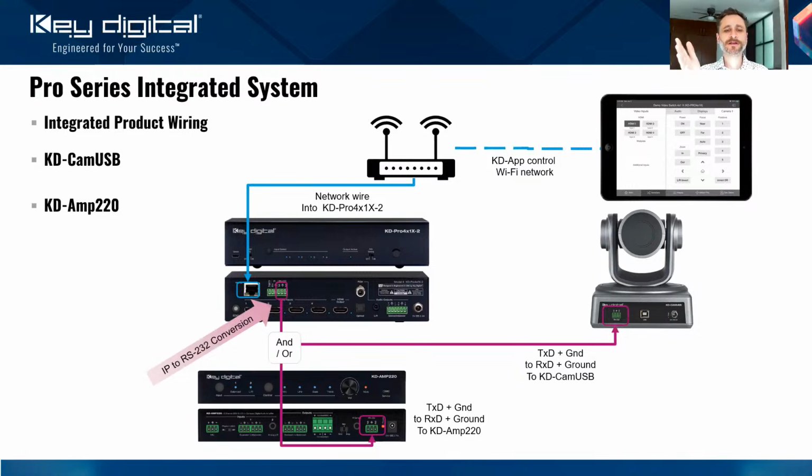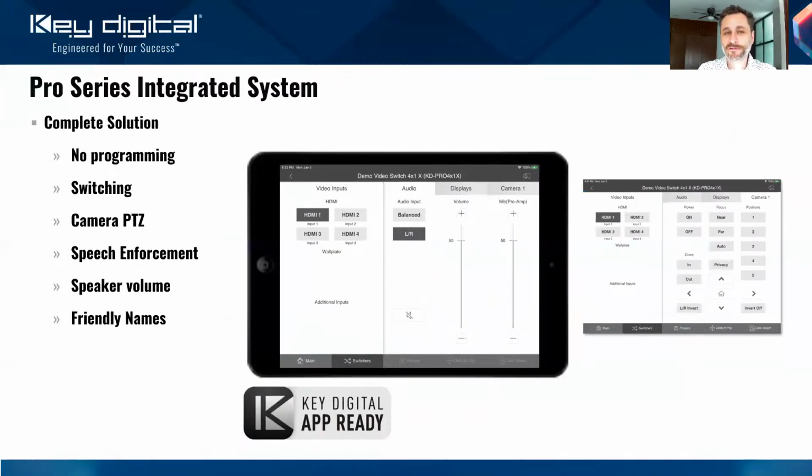You're able to control the camera, you're able to control the amplifier, and it's all for free from the free app or from our web UI. So we could see here the UI of the amplifier control, audio, source selection, and PTZ camera control.